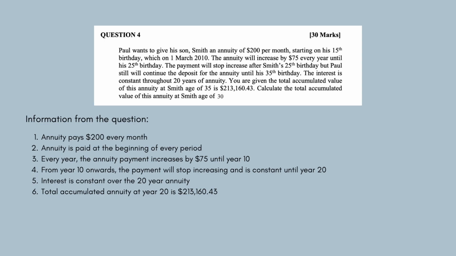From year 10 onwards, the payment will stop increasing and is constant until year 20. Interest is constant over the 20-year annuity, and the total accumulated annuity at year 20 is $213,160,000.43. So we have to compute the total accumulated annuity when Smith is at the age of 30.